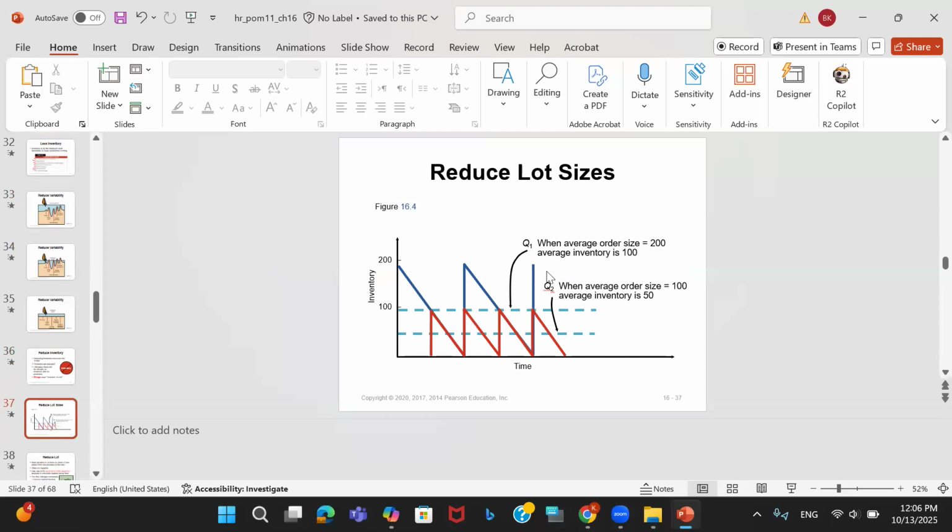So you remember the EOQ model we covered, which is this inventory model. And we said we place the order so our Q is at maximum here, then we use what we use and then we order again.